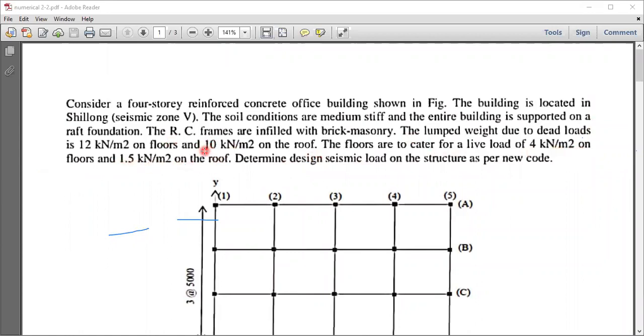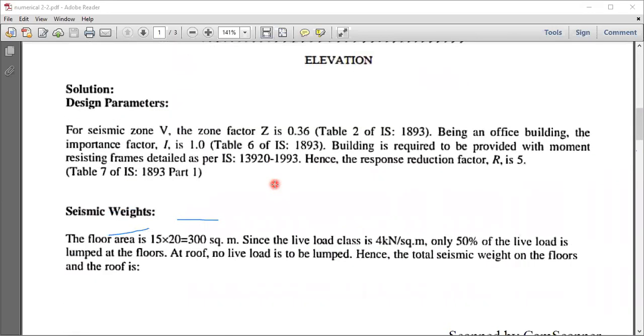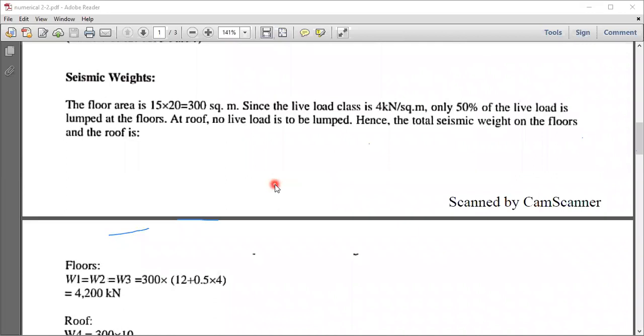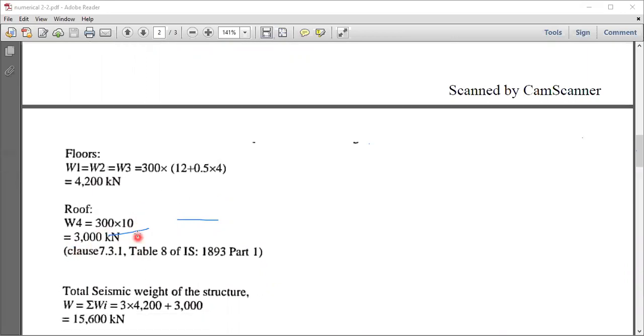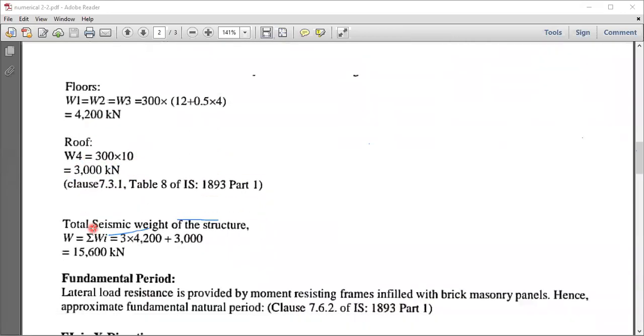The dead load of the roof is 10 kilonewton per meter square. So at the roof, I will calculate the dead load alone, that is 300 into 10. We will not consider the live load at the roof. Now the total seismic weight: there are 3 floors and 1 roof. So 3 into 4200 plus 3000 kilonewton. So this is the total seismic weight.